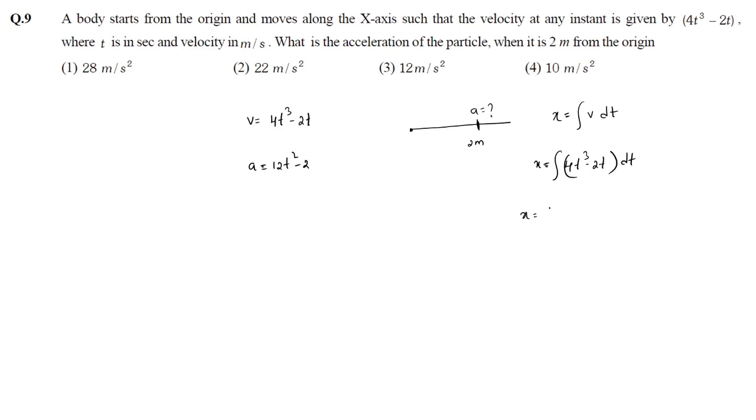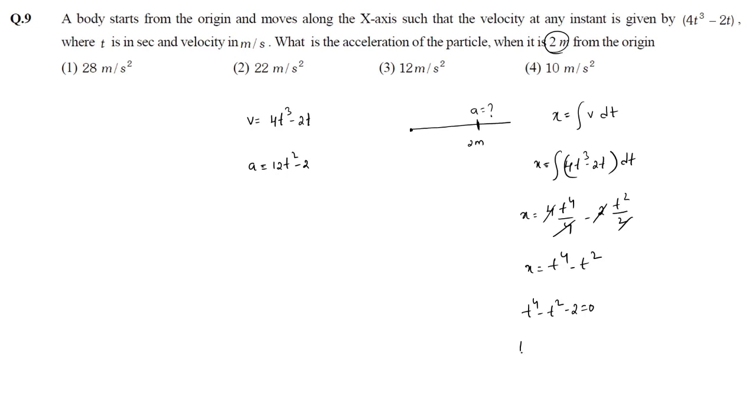So integration of t cube is t power 4 by 4, minus 2 into integration of t is t square by 2. So here 4 will get cancelled, the 2s will get cancelled. So x we will get as t power 4 minus t square. Okay, that is x value, but that x value given here is 2 meters. So that is t power 4 minus t square minus 2 will be equal to what? 0.